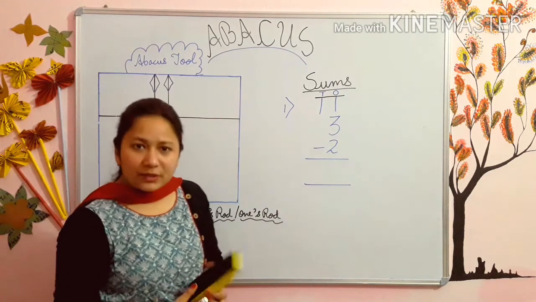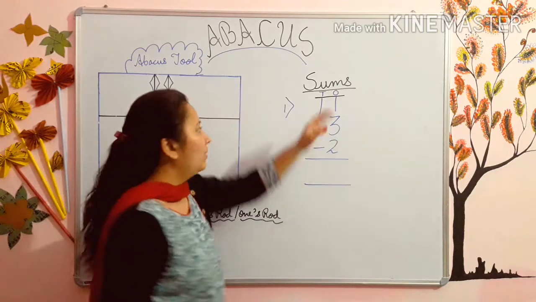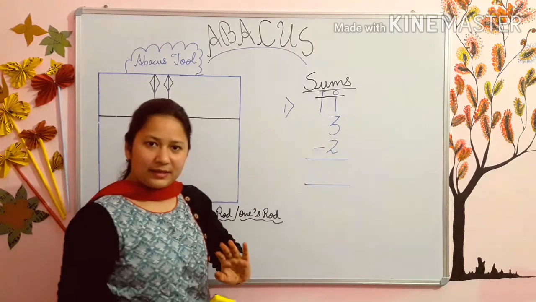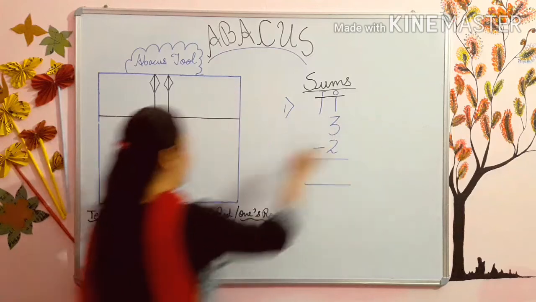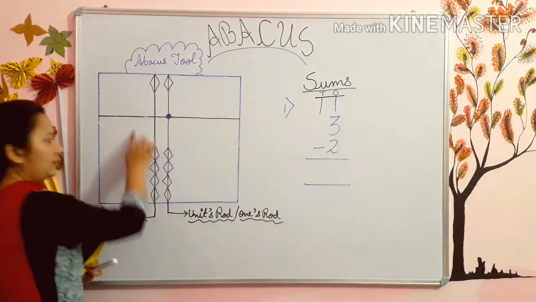And the numbers on the left hand side, जो आपके left hand की तरफ होते हैं, वो tens rod में जाते हैं. Is it fine? Means this side row will go in ones rod and this row will go in tens rod.